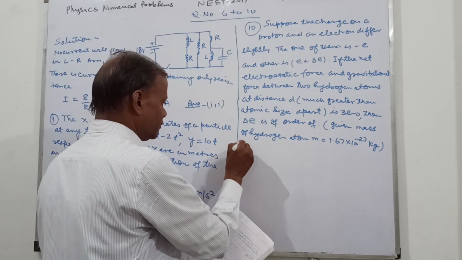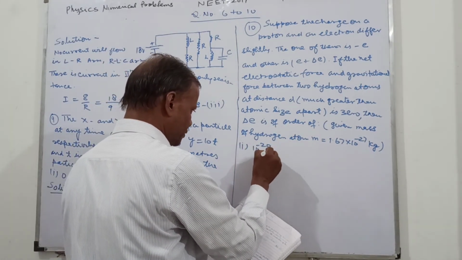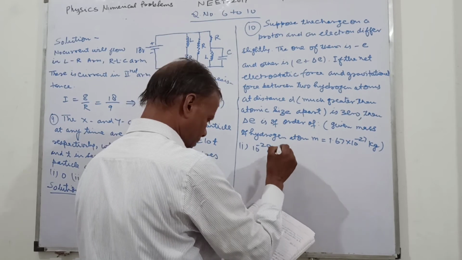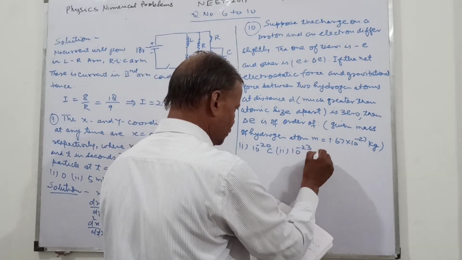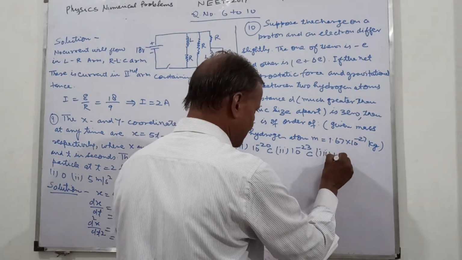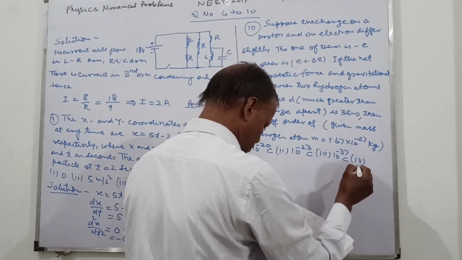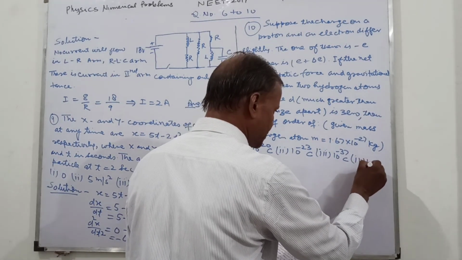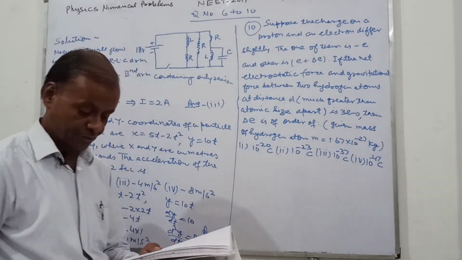Now options are, first option is 10 raised to the power minus 20 coulomb. Second option is 10 raised to the power minus 23 coulomb. Third option is 10 raised to the power minus 37 coulomb. And fourth is 10 raised to the power minus 47. These are the options.